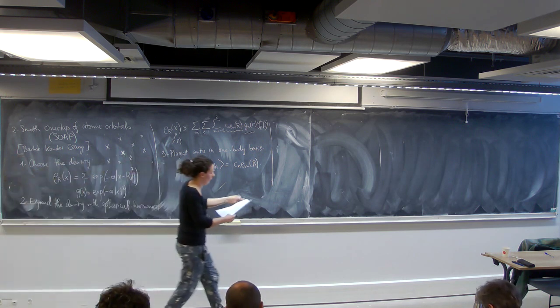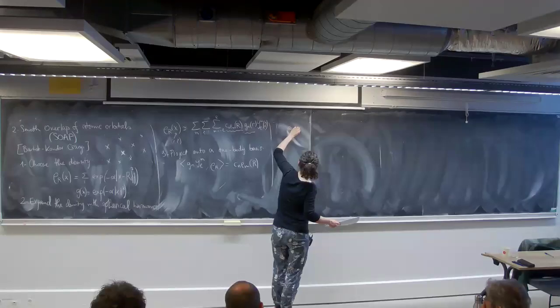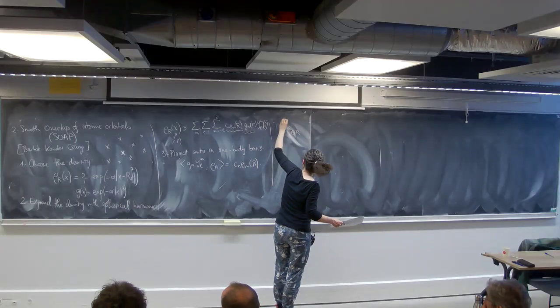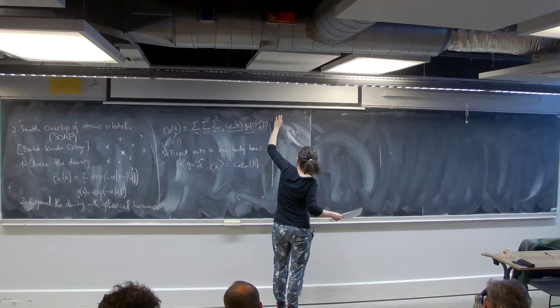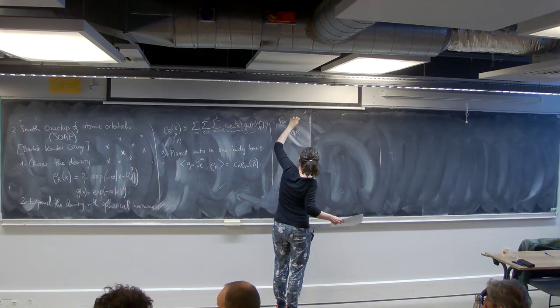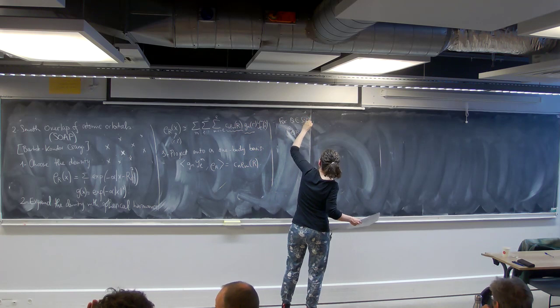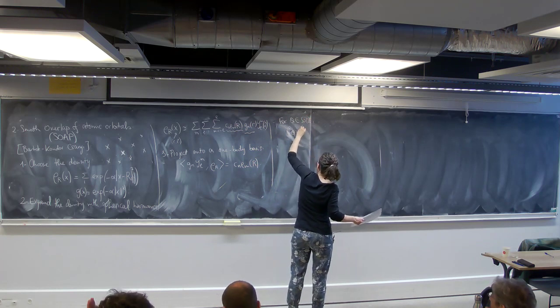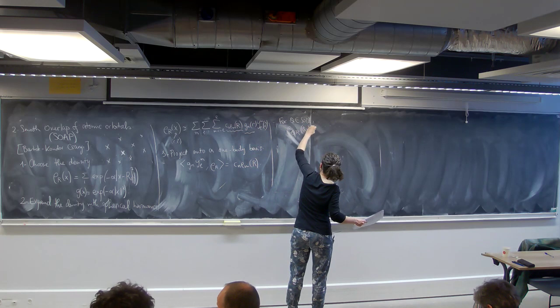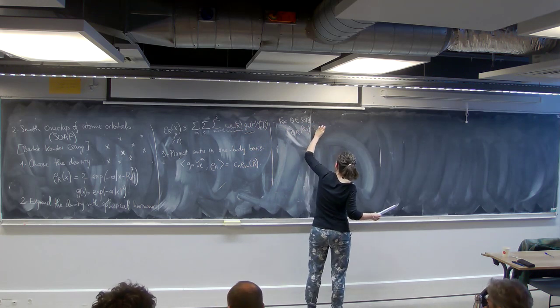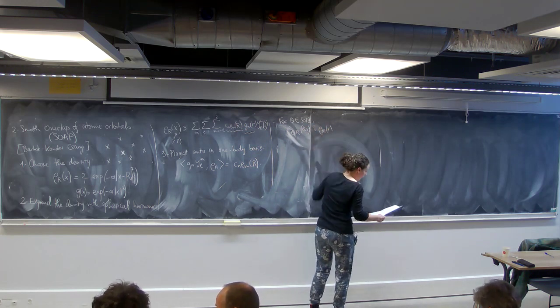So what we have is that the density rho_Q R, for Q in SO(3), rho_QR(Qx) is just rho_R(x).